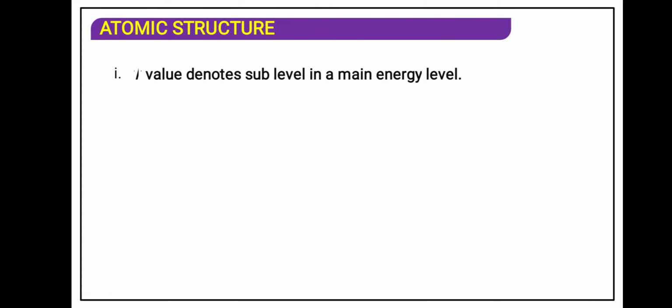According to the quantum theory, as the number of orbits increases, the number of subshells also increases. So in the first shell, that is first orbit, there will be one orbital. That means in the first floor there is only one room. Room is equal to subshell.